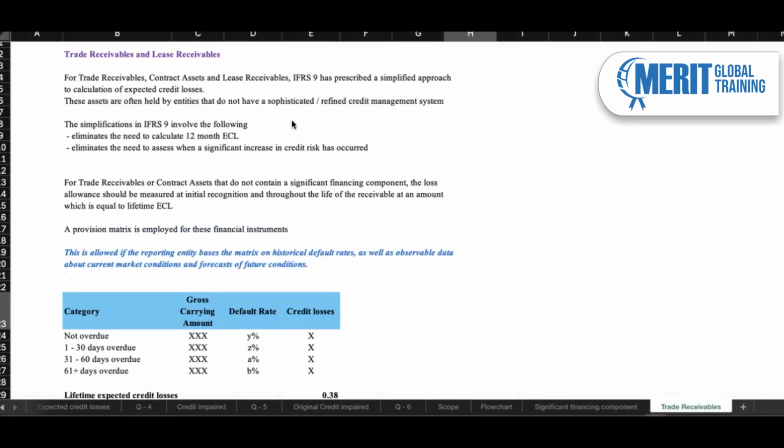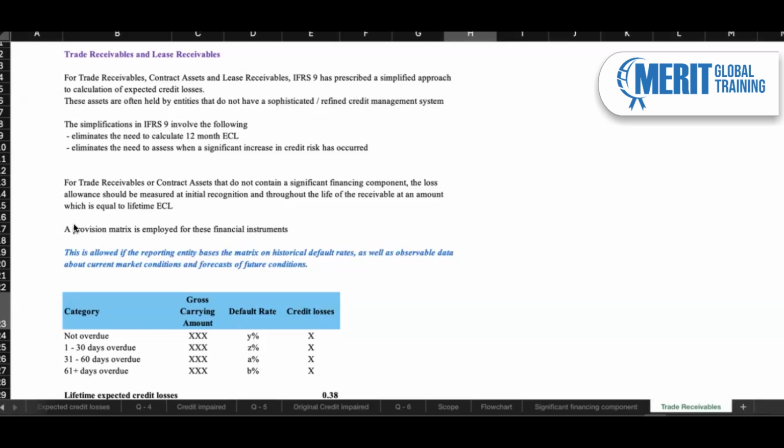In this case, for example, if we are having only one or two lease receivables, and they have been very prompt in making the payment, and we are not expecting any default from them at all, in that case, can the expected credit loss be zero? Yes, 100%, no problem there. When we are transacting with new customers, I'm sure you are aware of the policy of customer due diligence that happens, right? KYC, know your customer.